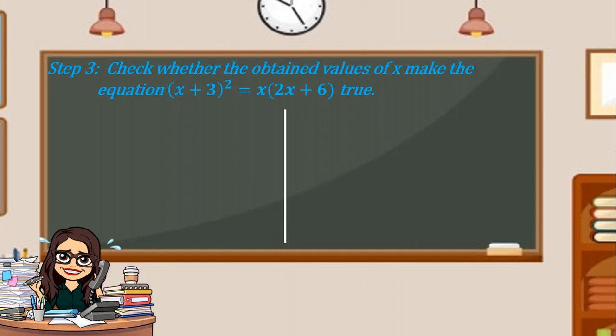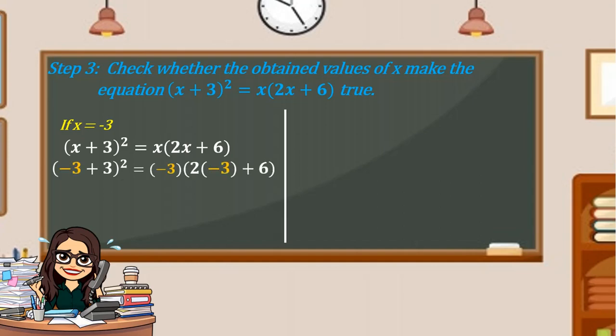So for the first obtained value, we have negative 3. So from the original equation, substitute negative 3 to the variable x. So we have negative 3 plus 3 square equals negative 3 times quantity 2 times negative 3 plus 6. Negative 3 plus 3 is 0, then square. Bring down negative 3.